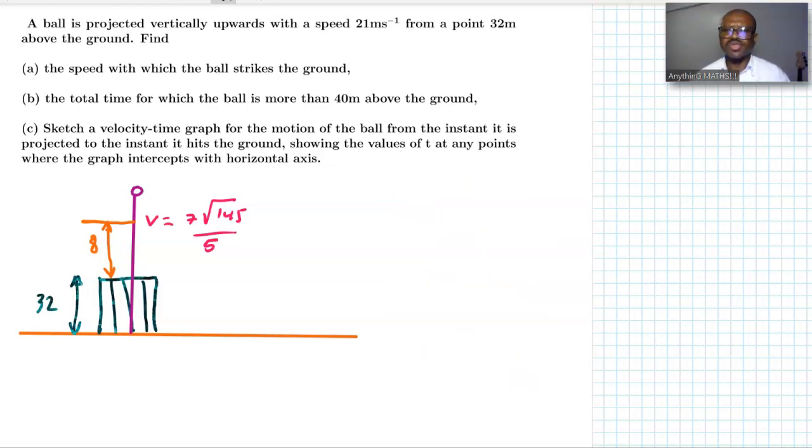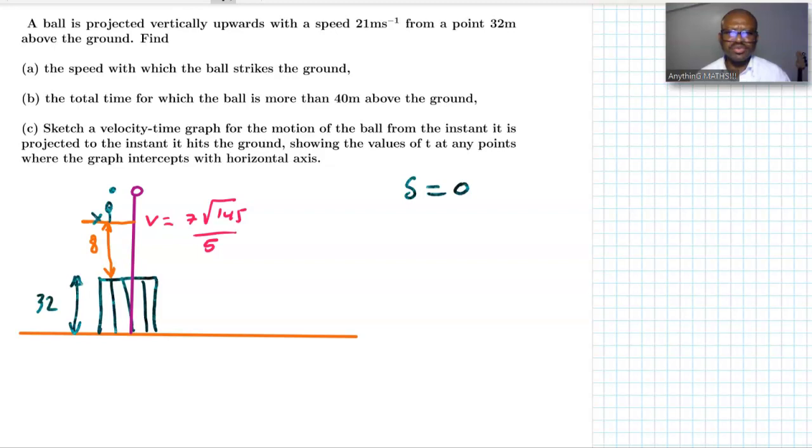So what we're going to do, imagine yourself being at this point, and the ball got to this point and came back to where you are standing. It means the displacement at that point, let's say this is x, will be 0.